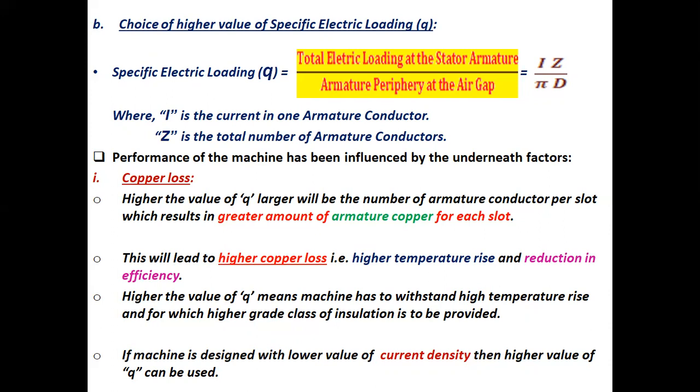This will lead to higher copper loss, that is higher temperature rise and reduction in efficiency. Higher value of Q means the machine has to withstand high temperature rise, for which a higher grade class of insulation is to be provided. If the machine is designed with a lower value of current density, then a higher value of Q can be used.